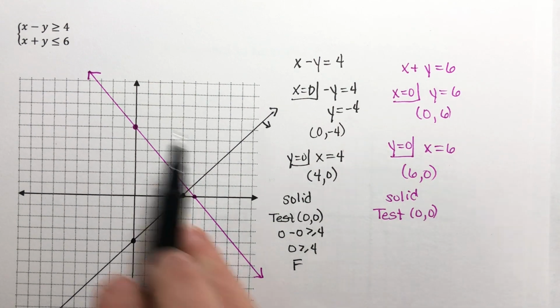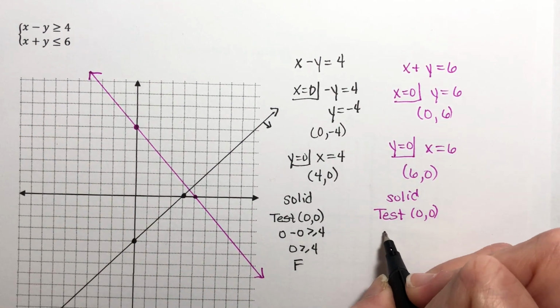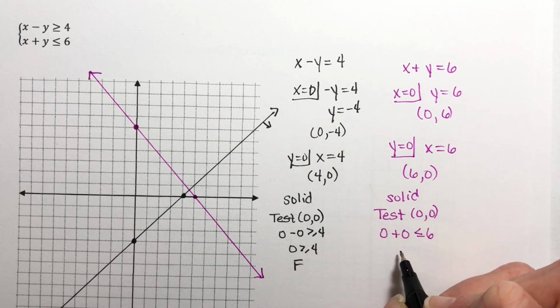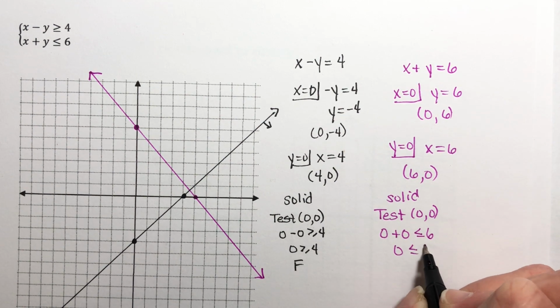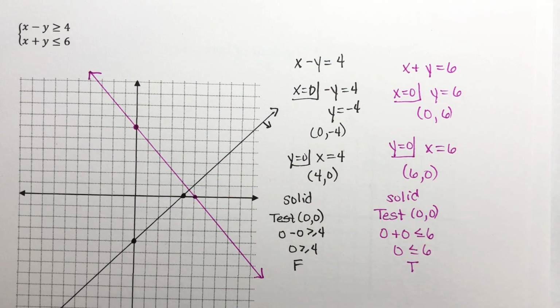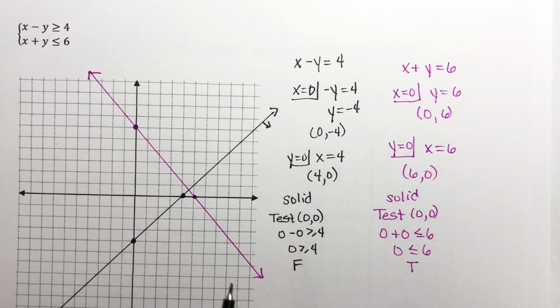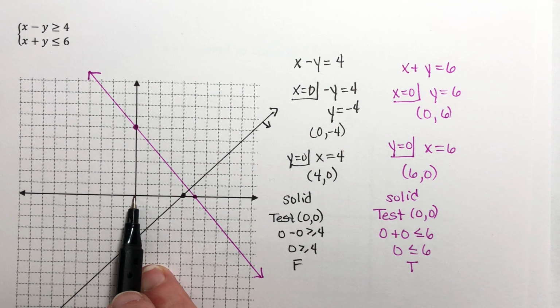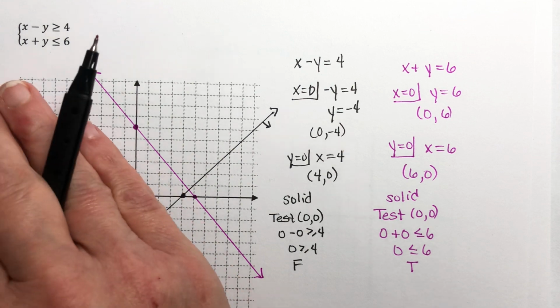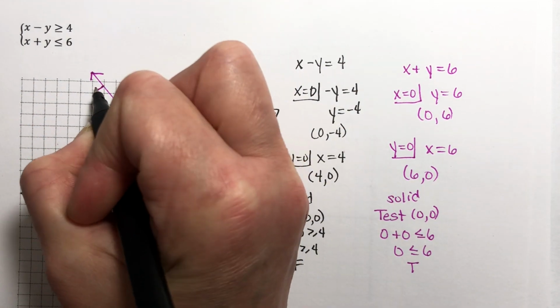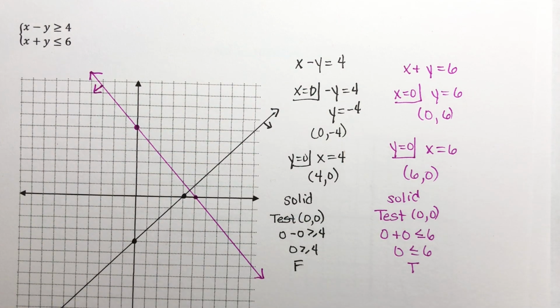So I take 0, 0 and plug it in up here. That would give me 0 plus 0 is less than or equal to 6. 0 is less than or equal to 6, which is true. So what's going on here, I'm looking at this pink line right here. 0, 0 is right here. I plugged it in and it was true. So that means I'm shading this side of this line. So again, I'm just going to draw myself a little arrow right here.